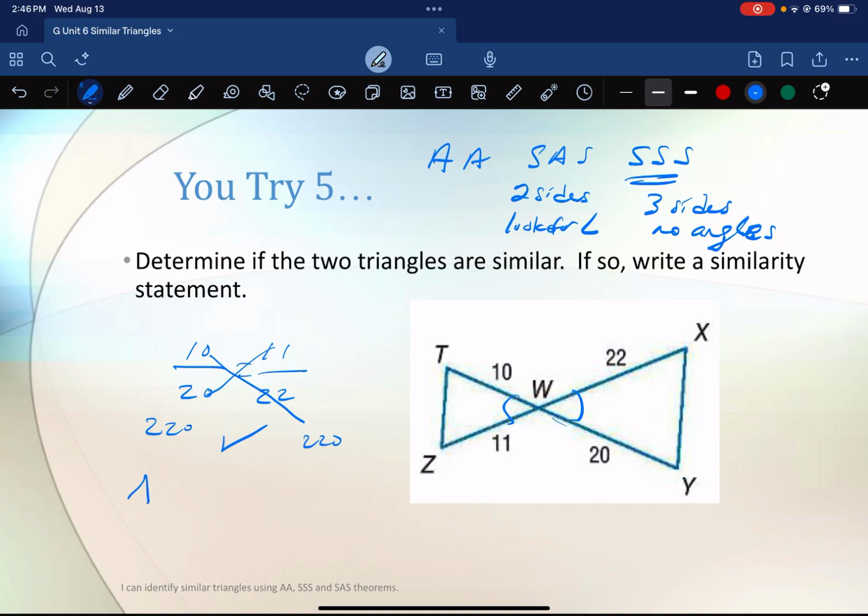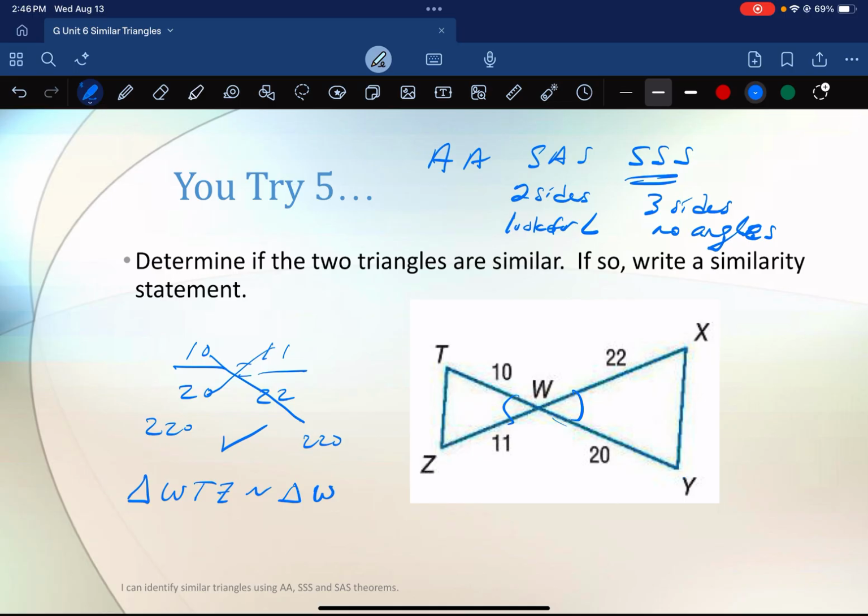So I can write my similarity statement. I'm going to say WTZ similar to. Now, as long as your letters correspond correctly, there are lots of ways to name these triangles. So don't think that this is the only way you can write the similarity statement, okay? So I say WTZ, and then W matches with W, that's the vertical pair.